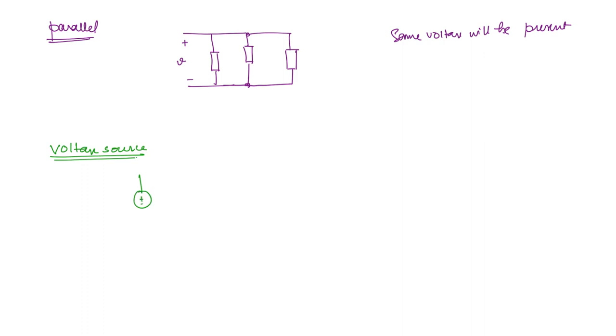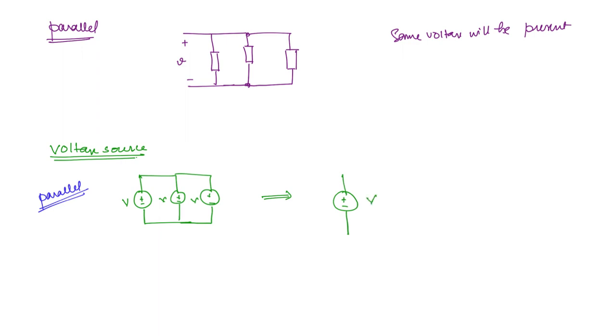Parallel means the voltage should be the same, so all of them should have the same voltage. If they do not, they might get damaged. So you can simply replace them with a single equivalent voltage source. However many voltage sources of the same magnitude you connect in parallel, it is equivalent to a single voltage source. There is no difference there.